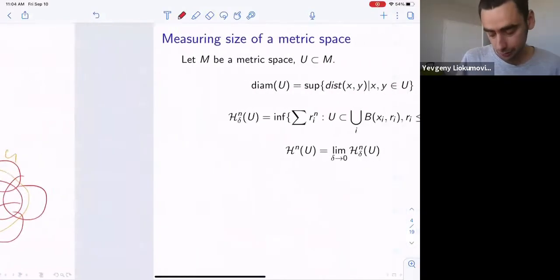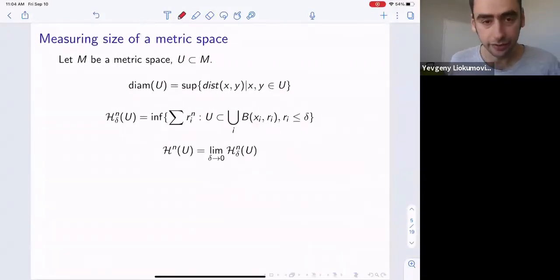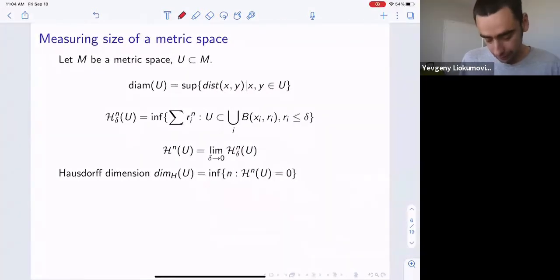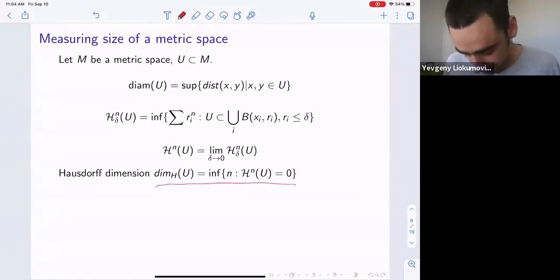And then we take the limit as the upper bound on the radii in the covering goes to 0. And this gives us n-dimensional Hausdorff measure, and then we can define the Hausdorff dimension as the infimum over all n for which the n-dimensional Hausdorff measure is 0.